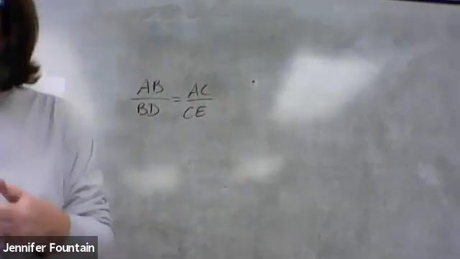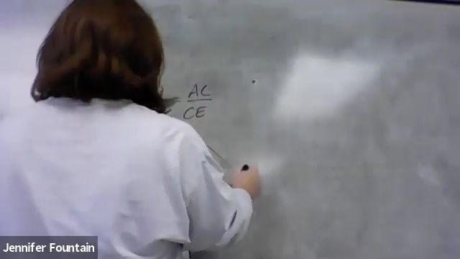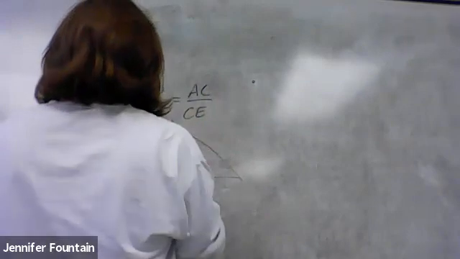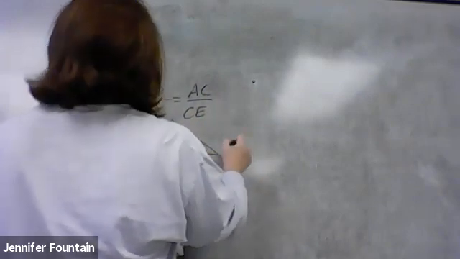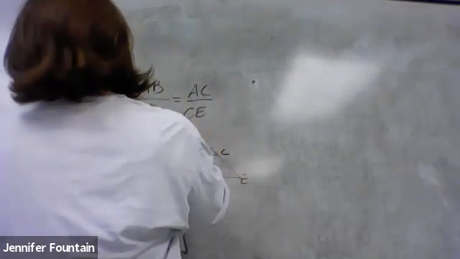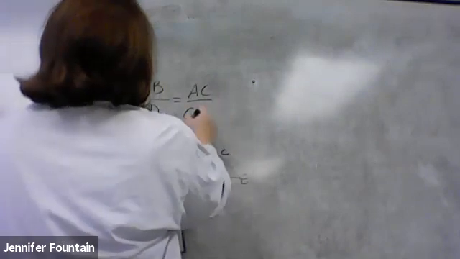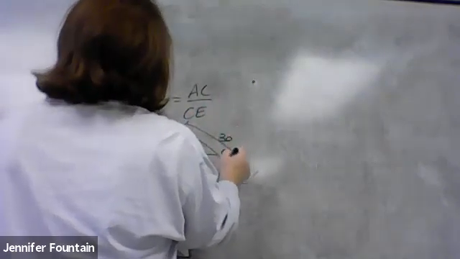Okay, and we've got our figure. Let me go ahead and just draw it. Again, not to scale. A, B, C, D, E, 16x. They said this whole thing is 30, and this down here is 10.